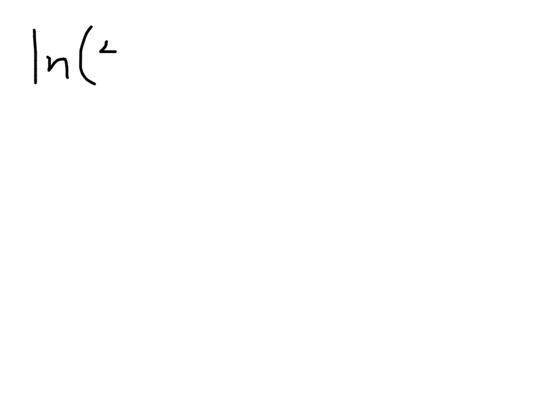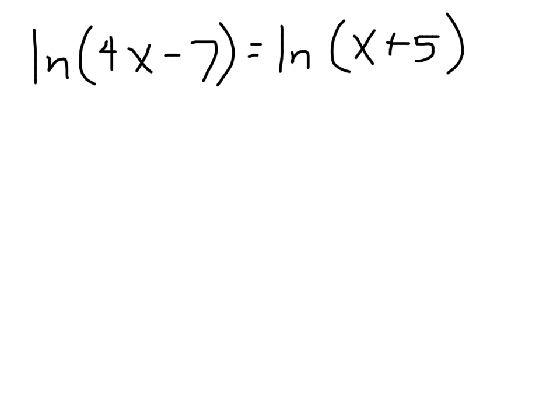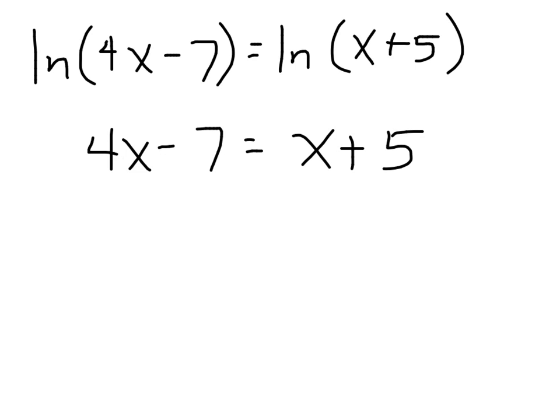ln of 4x minus 7 equals the ln of x plus 5. What do I do? Okay, so make it 4x minus 7 equals x plus 5. What happened to the ln's? You can either e them, which means they cancel each other out, or because if you know that an ln equals an ln, then the other pieces should also be equal to each other.